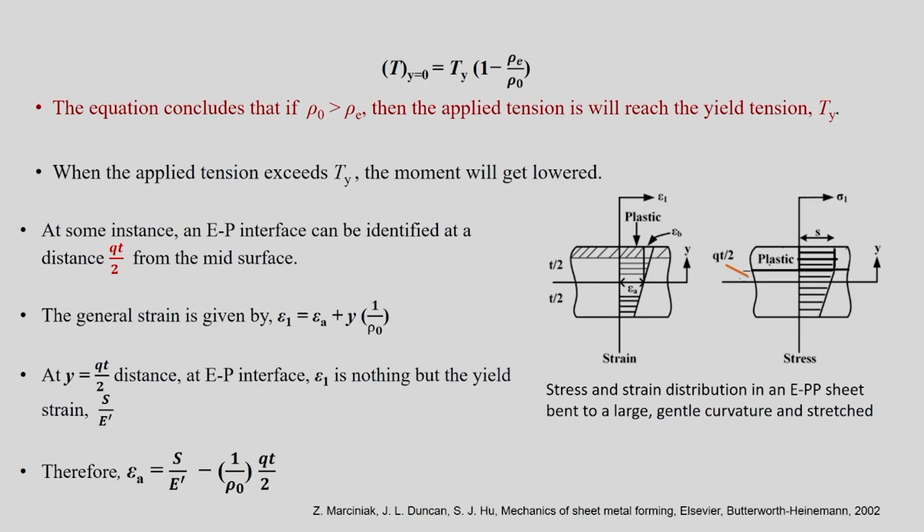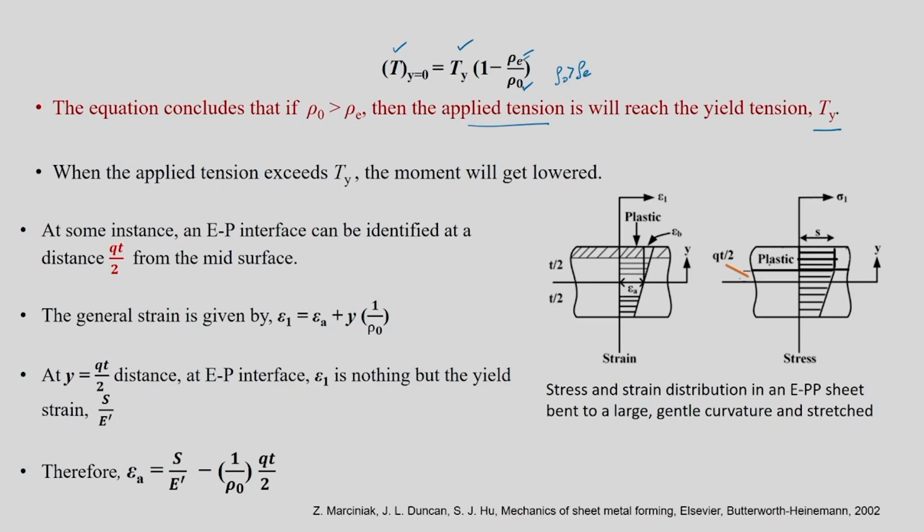This equation says that if rho naught is greater than rho E, where rho naught is the original value which we need to reach and rho E is the limiting elastic case, then the applied tension will reach yield tension Ty. The applied tension will be almost the same as Ty if rho naught is very large compared to rho E. If that is the case, this will automatically reach that.